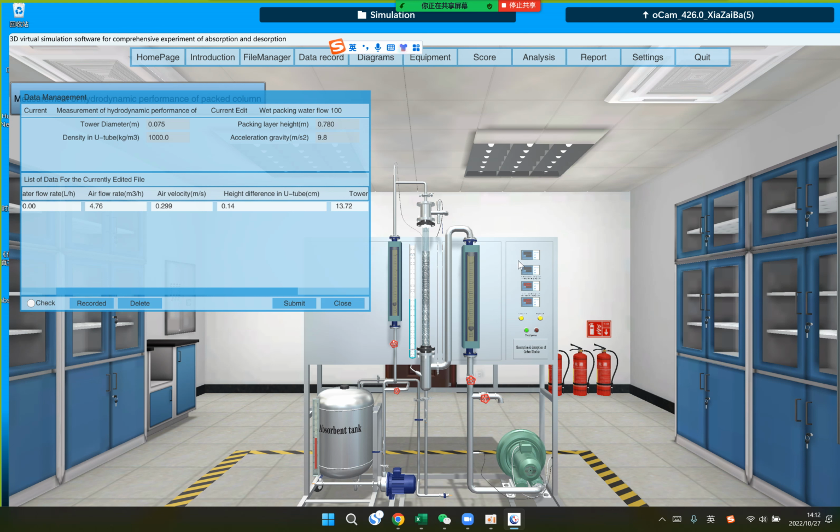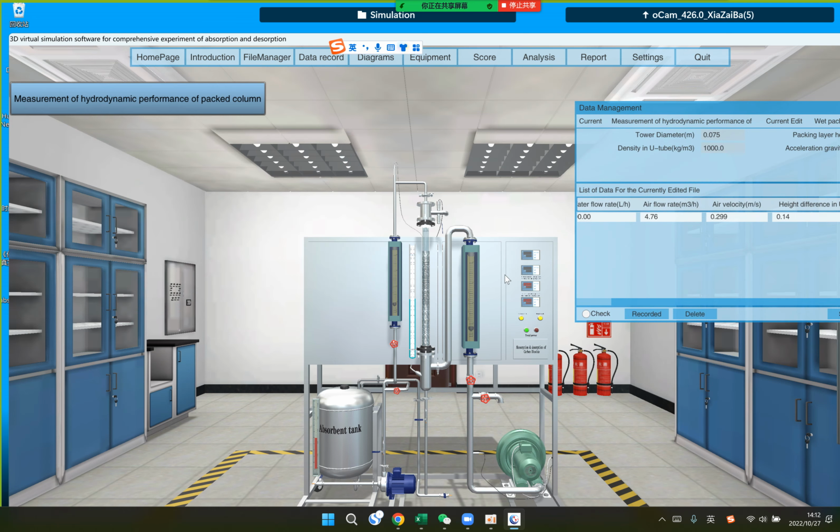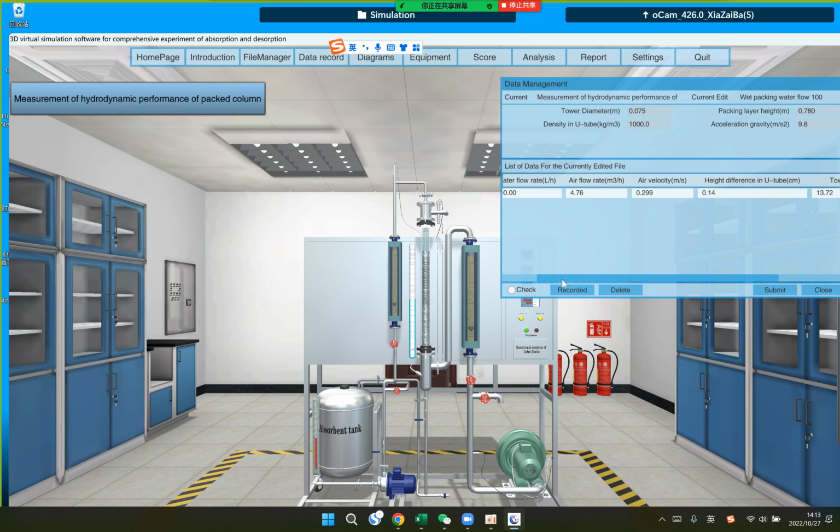However, at this stage there is no mass transfer between them, and we do not need to wait too long to make sure the system is stable. So when you control the flow rate at some stage, simply click record it. No need to wait too much time, because there's no mass transfer in this case.